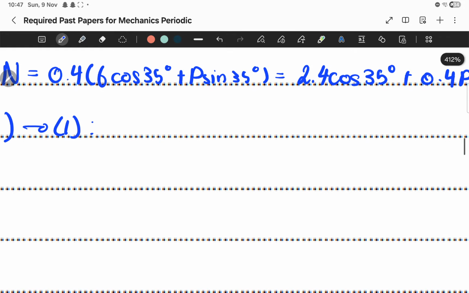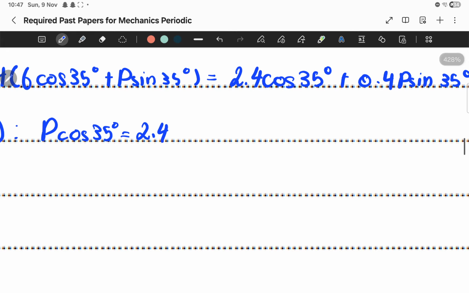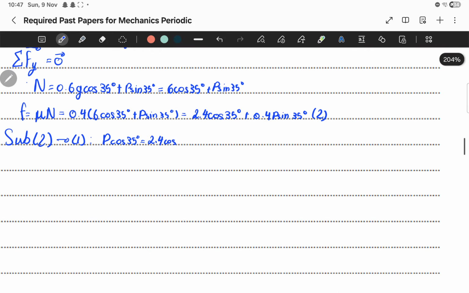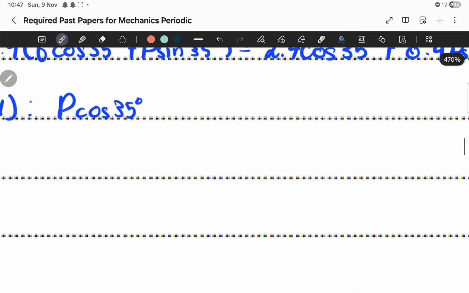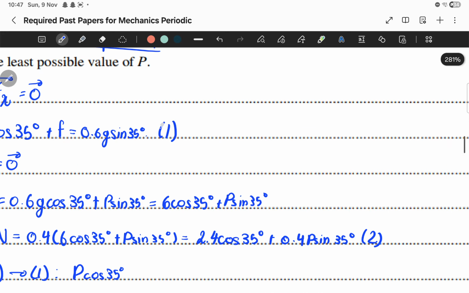Since I want to isolate p, I can make this easier on myself. So I'll rearrange this to give me p cos 35 degrees is equal to 0.6 g sine 35 minus f.